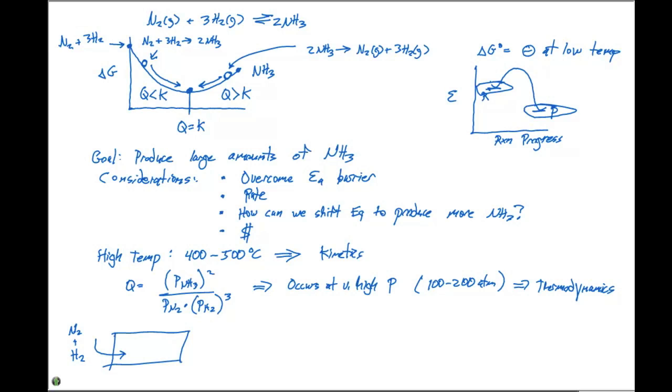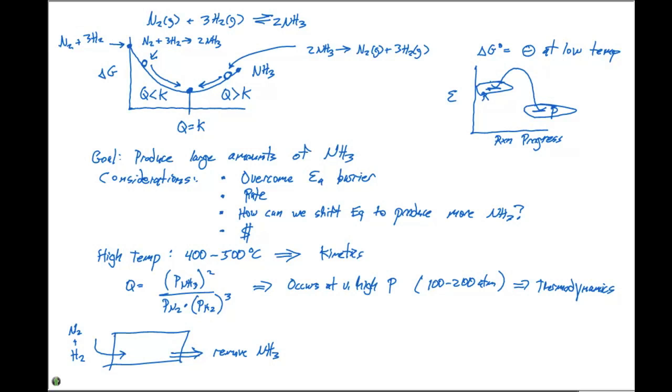Regardless of what temperature we reacted at, we're going to get an equilibrium. If we wanted to push that equilibrium farther, we could add more nitrogen and hydrogen, but that costs us money to put in there. So what happens is, as this reaction proceeds, we're going to remove the NH3 from this vessel.